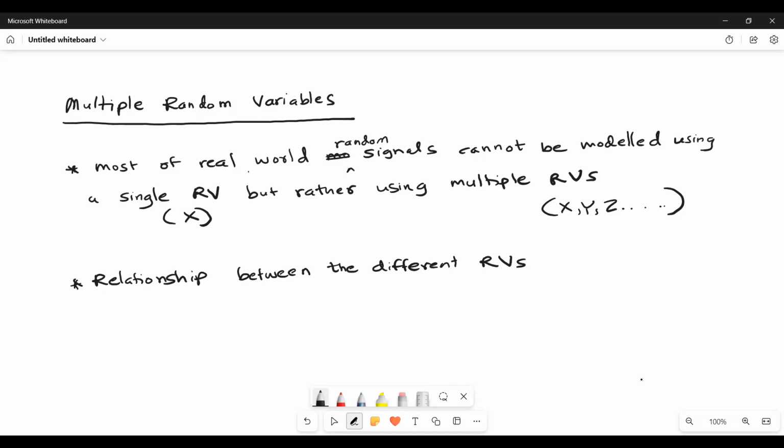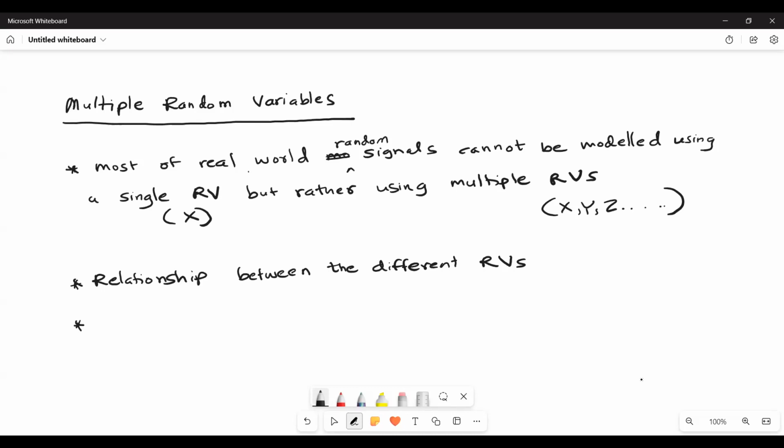We can find the relationship by evaluating the probability density functions, cumulative density functions, and other statistics related to the behavior of multiple random variables.